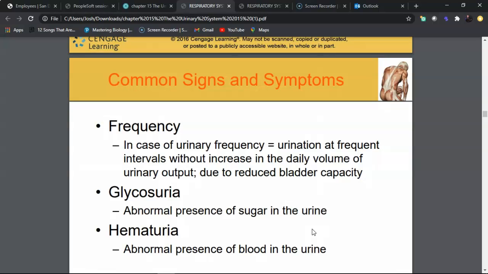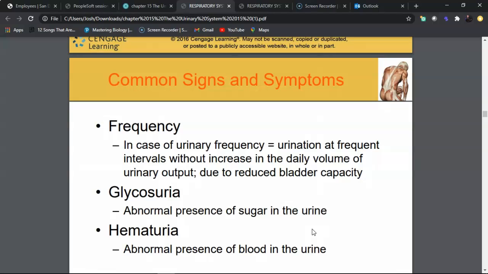Sometimes you can feel like you have to go to the bathroom every 5 or 10 minutes when you have a bladder infection. So a key with this word is increased intervals of urination without increasing the daily volume or output. That reduced bladder capacity is usually from inflammation or infection. There can be other situations associated with that, but it's oftentimes referred to with infection.